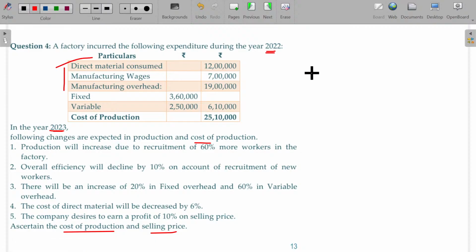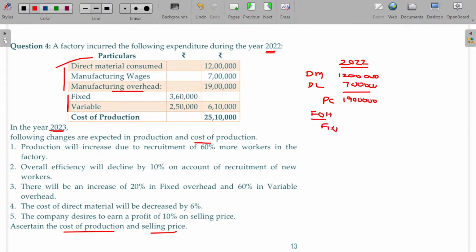Direct materials and direct labor for the year 2022 being 12 lakhs and 7 lakhs respectively, and prime cost being 19 lakhs. Manufacturing overheads, fixed and variable list is there. Factory overhead 6 lakhs 10,000.